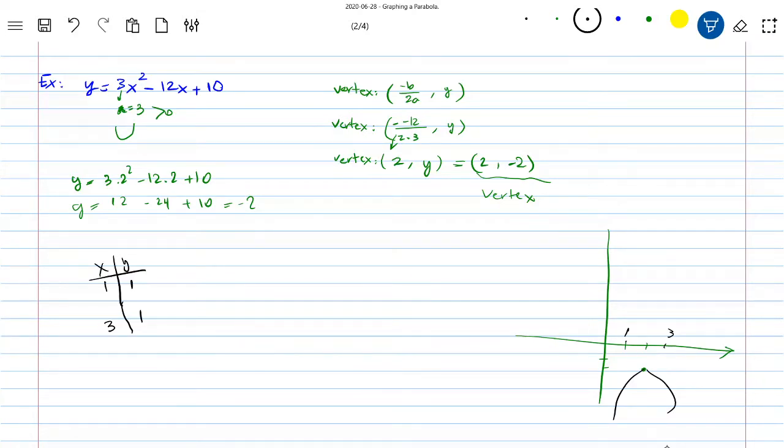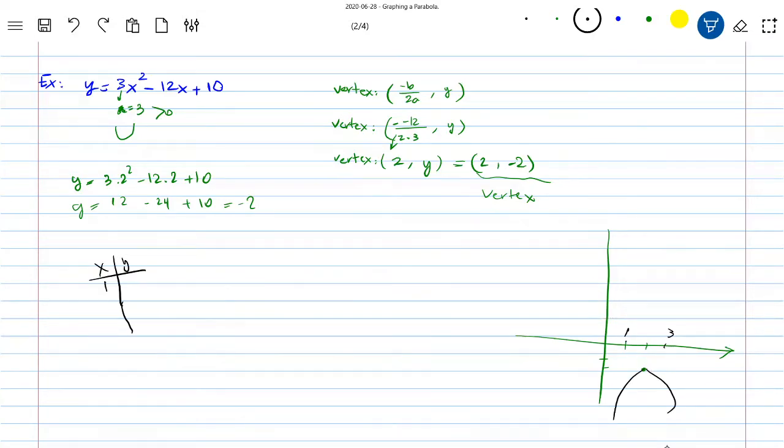I thought a was negative, but a was positive. Now that makes more sense. If you replace 1, you get 1, and replace 3, you get 1 as well. And what does the graph look like, going through these points?